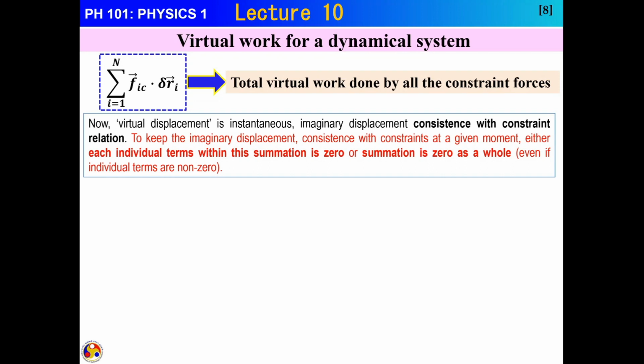So what we are trying to say is that the work done by the constraint forces for the static system, we can indirectly set to be 0.